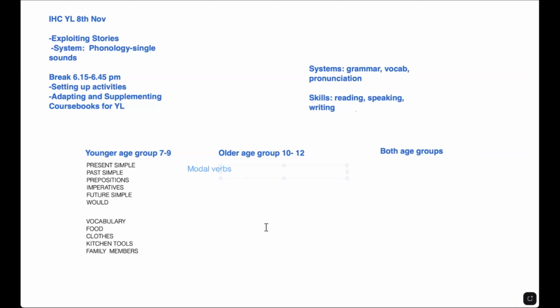I don't know what I'm going to write in pronunciation. All right. What about you, Paula? Anything else that you could draw their attention to apart from modal verbs?